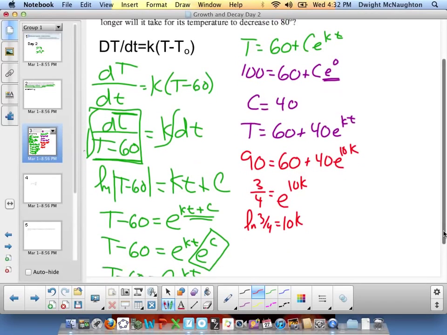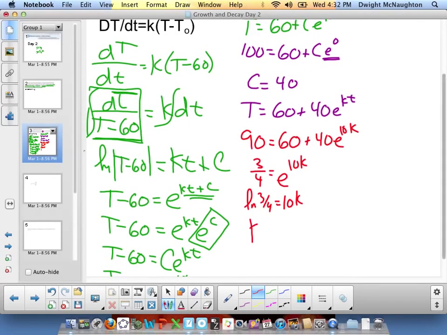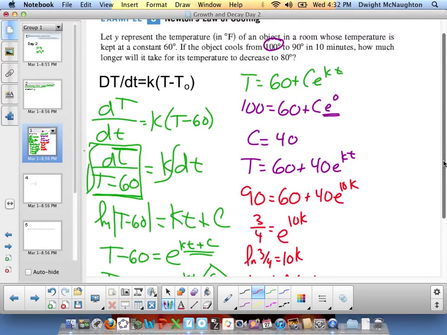So k equals 1/10 the natural log of 3/4. So our equation, when all is said and done, T equals 60 plus 40e to the 1/10 natural log of 3/4 times t. And how much longer will it take for the temperature to get to 80 degrees?